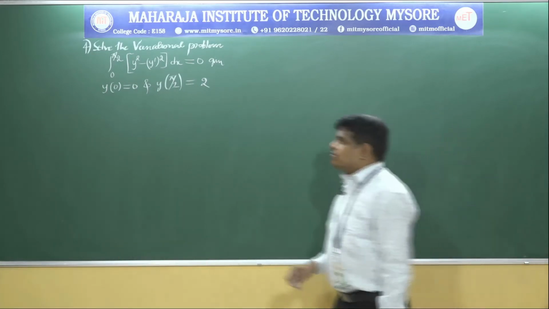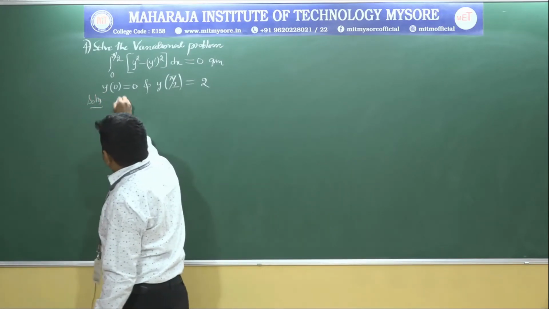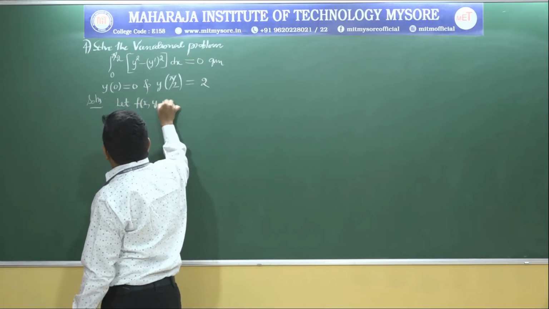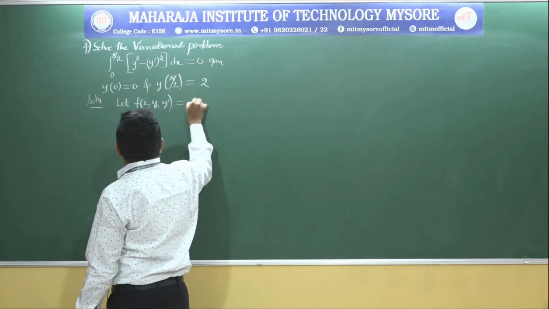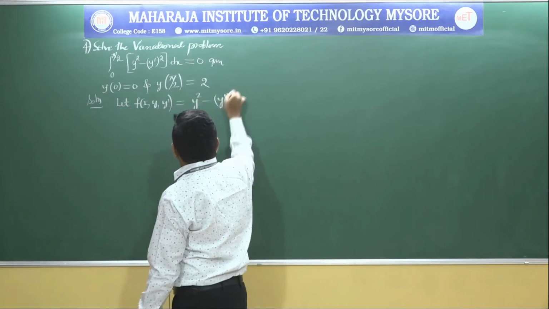Okay, next, the solution of this problem. Let the functional be f of x comma y dash equals y square minus y dash whole square.